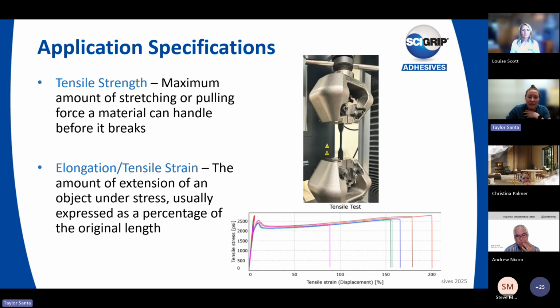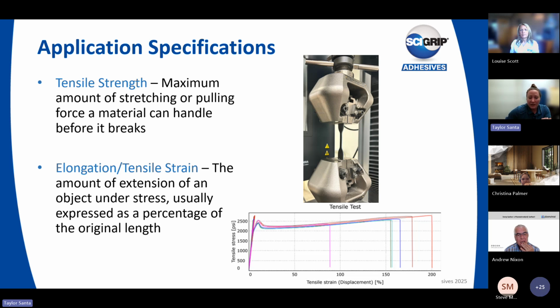This elongation is the amount of extension of an object under stress, usually expressed as a percentage of the original length. So if it starts at 1 inch and it gets to 2 inches, it's 100% growth or stretch. The elongation number really shows how well the material can withstand hard hitting vibrations within the part.